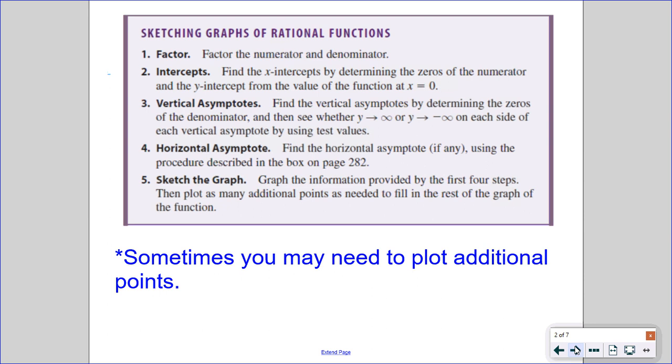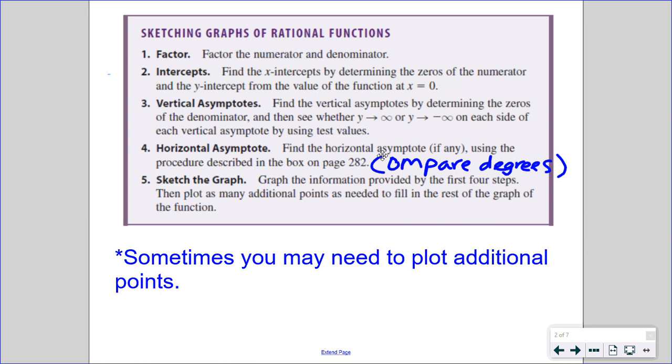To find the horizontal asymptote, you want to refer back to those 3 rules. Remember, you compare the degrees, and there are 3 different things that can happen. I always like to start with if the degrees are the same, then the horizontal asymptote is the ratio of the leading coefficients.